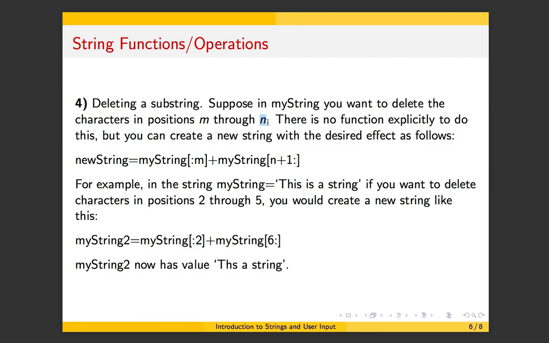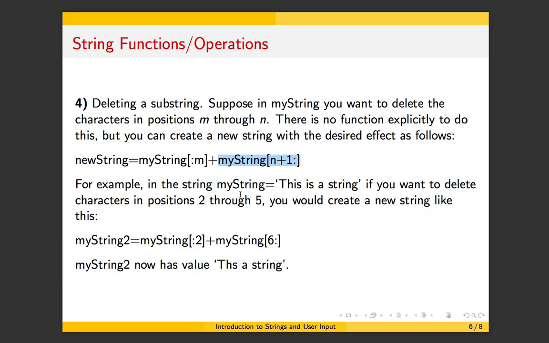If you want character N gone, then you'll pick back up again at N plus 1 and go to the end. So basically, what are you doing? If you want to blow a hole through my string, just kick out the characters in those positions. You take the characters to the left of M, the characters to the right of N, and glom them together and create a new string that way.